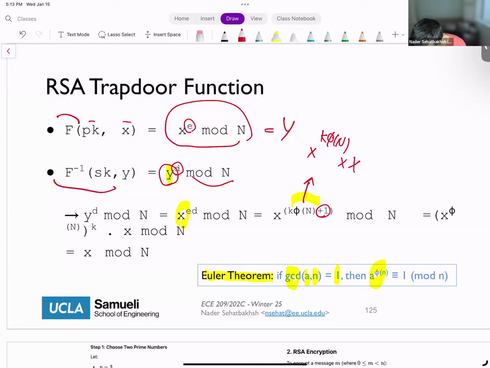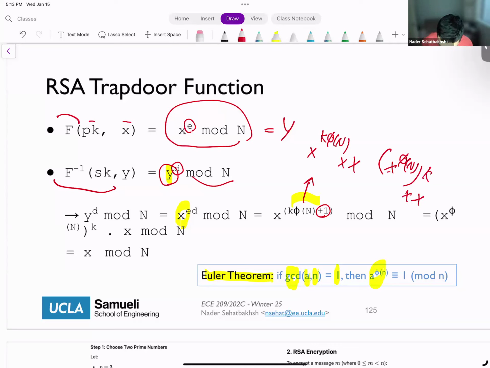I'm just moving this x down, and changing the position: x to the power of phi n, to the k, and then times x.